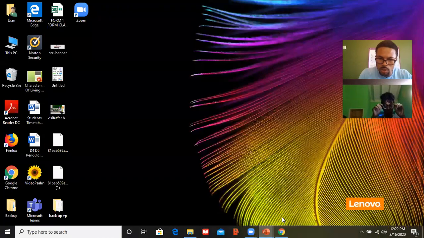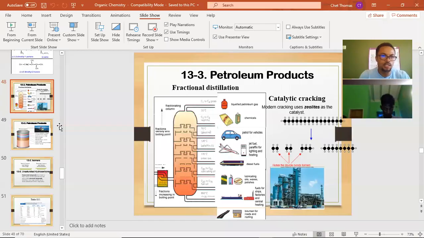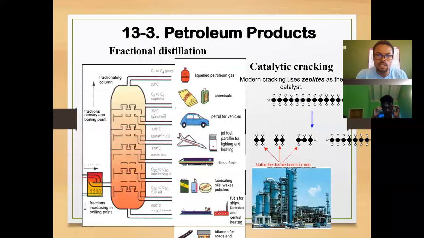All right, so we're starting with this particular slide here. That's the slide that we had before. So we're heading into hydrocarbons, and there are various ways in which you can separate hydrocarbons.